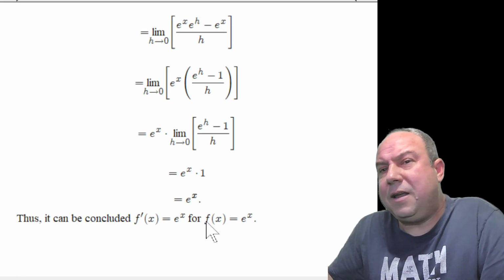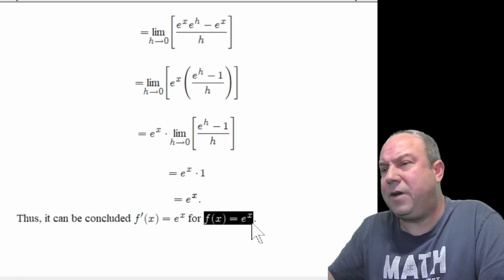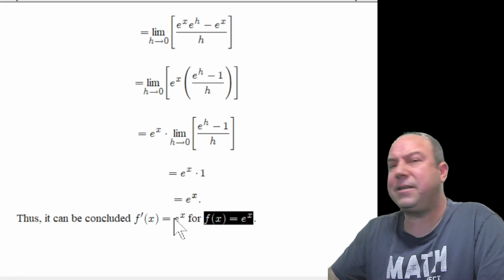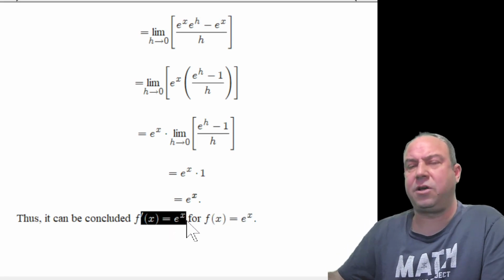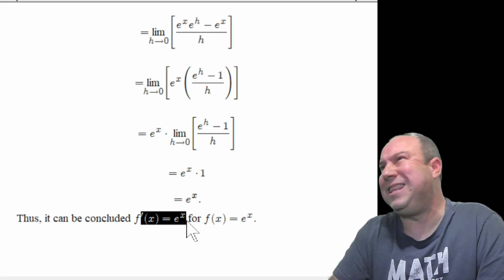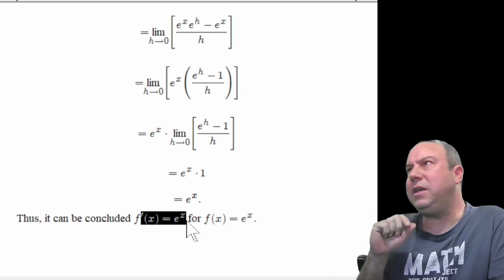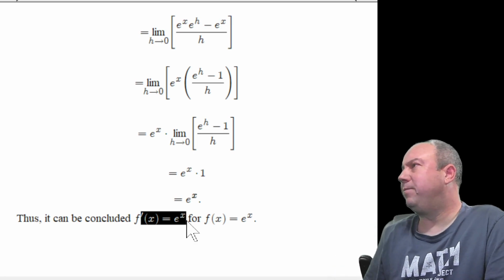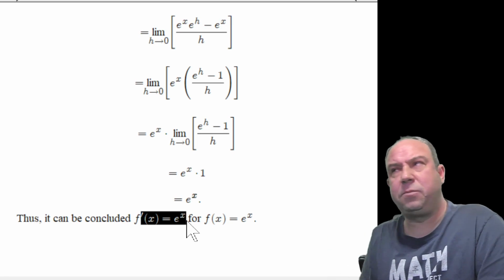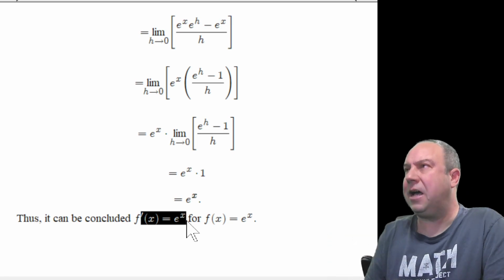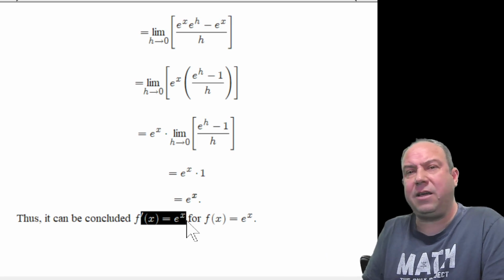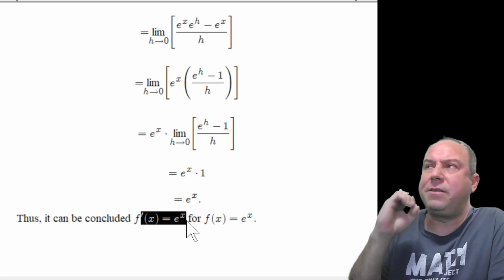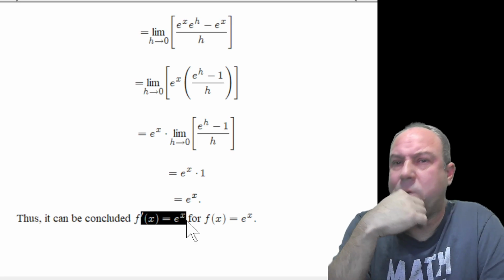And thus we can conclude for the natural exponential function f of x equals e to the x, its derivative is f prime of x, which is also equal to e to the x, which is a really interesting result. The derivative of the natural exponential function is itself, which doesn't happen for any other function type other than the constant function of 0.